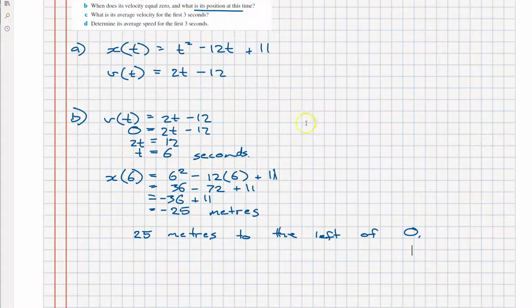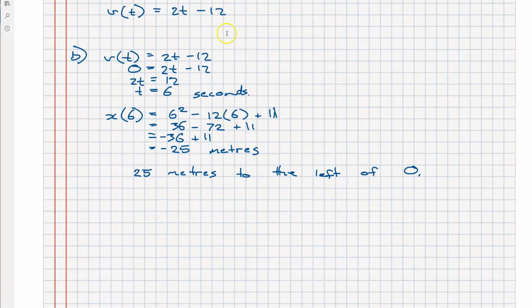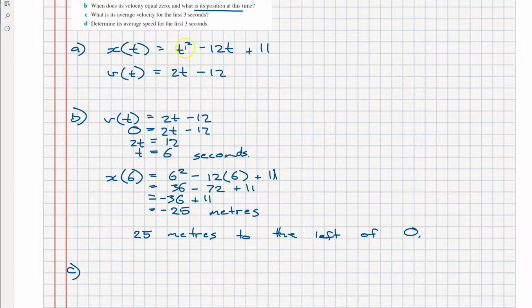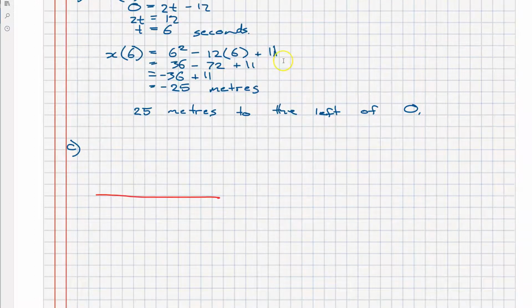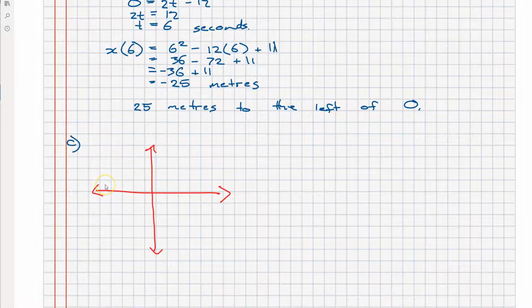Alright, nothing too tricky yet. Now in part C, it's asking what is the average velocity for the first 3 seconds. Now if we visualize the function here, x of t equals t squared minus 12t plus 11, what we're going to find is it's going to look something like that.